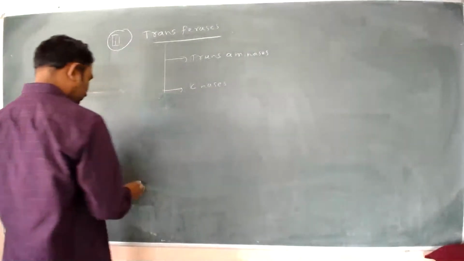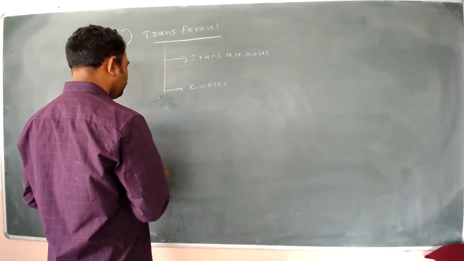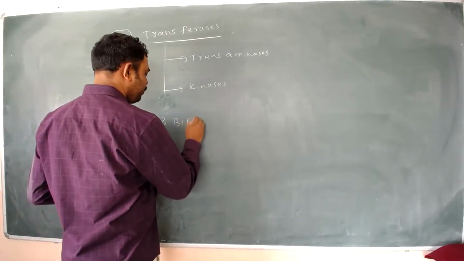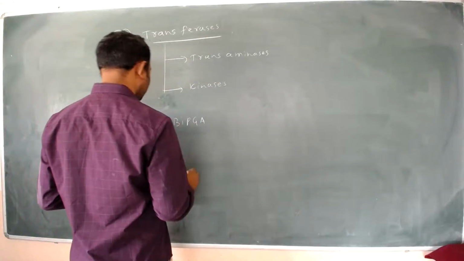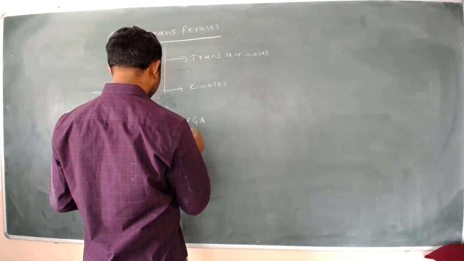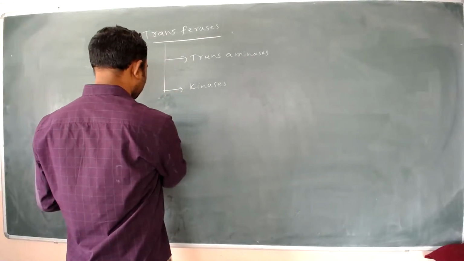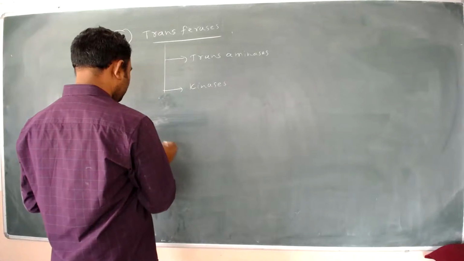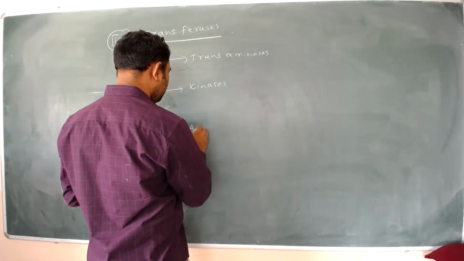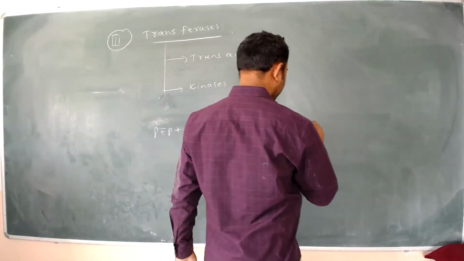Suppose phosphoenolpyruvic acid and ADP. It will become pyruvic acid.